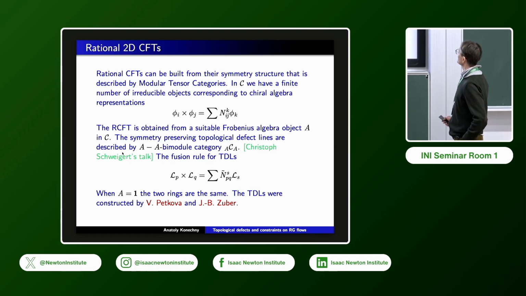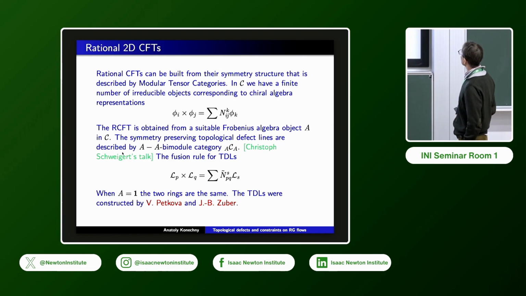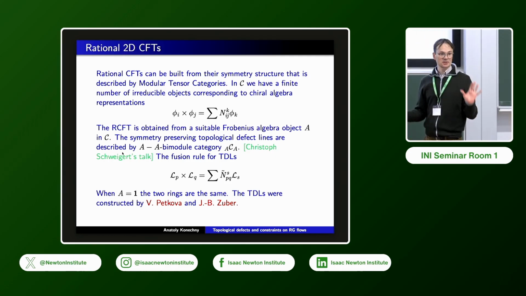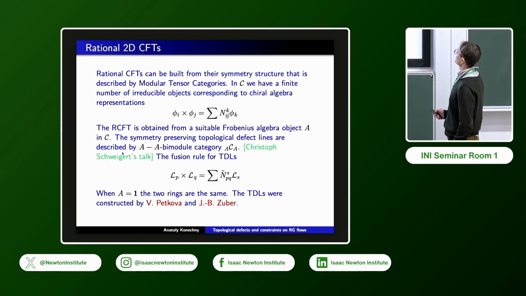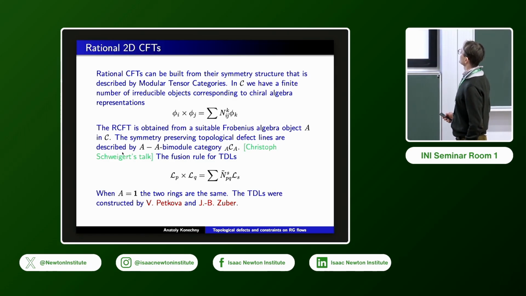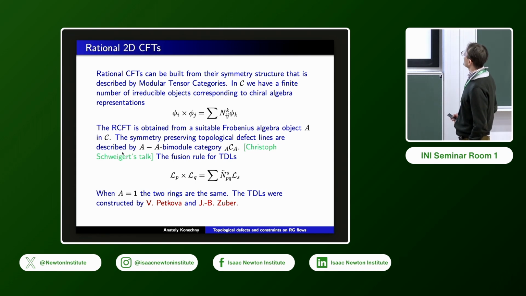And then, once we have chosen our Frobenius algebra object A, we can essentially construct all correlation functions. Besides the correlation functions of local operators, we can also describe conformal boundary conditions as A-modules, and topological defects as A-A bimodules.